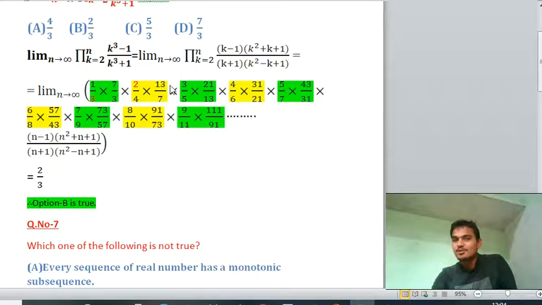And 13 is there as numerator and 13 is there as denominator, so they will also be cancelled. You can observe this pattern in your own way, and finally you will get the answer, that is 2 by 3.